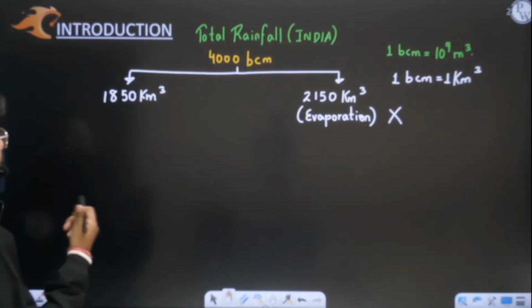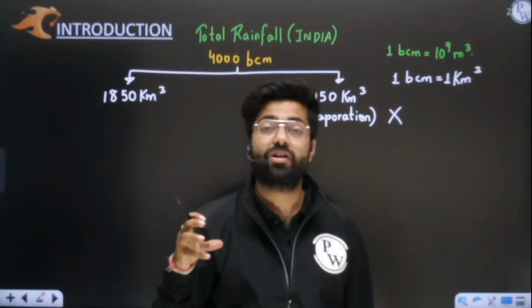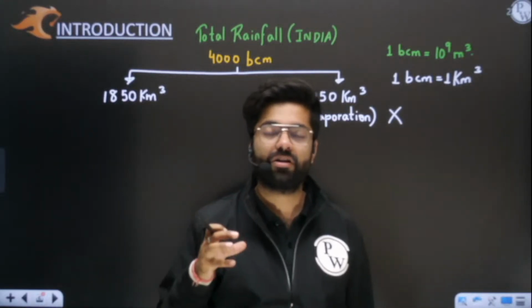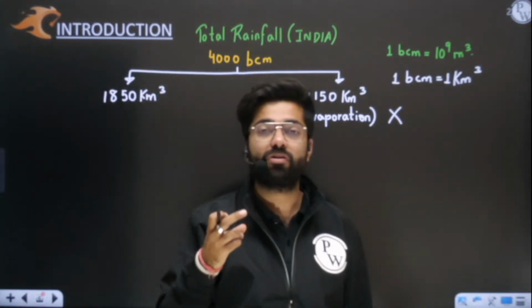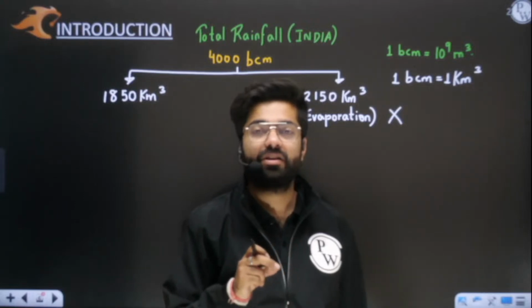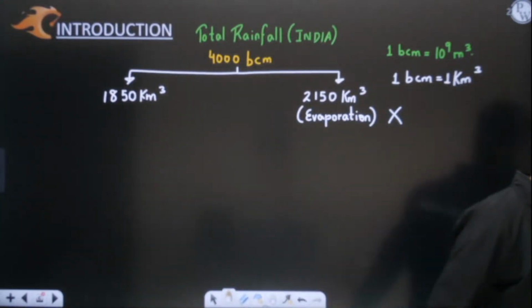Now one question can be framed in your state examinations, like how much is the quantity of water that we can utilize? Or tell me what is the total quantity of water which is available in Indian subcontinent in the form of water resource? Can you tell me what is the volume of water? Comment everyone.